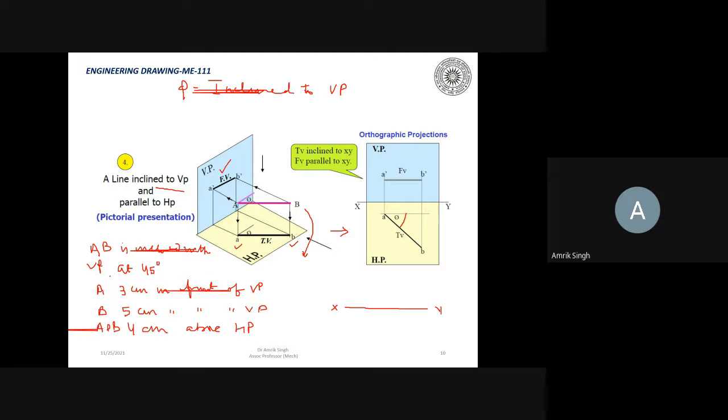Now, we'll start the problem from here that AB is inclined with VP at 45. Okay, but now the location of A and B is also given. So it says that point A is 3 centimeter in front of VP. So we will mark a point here, which is 3 centimeter.